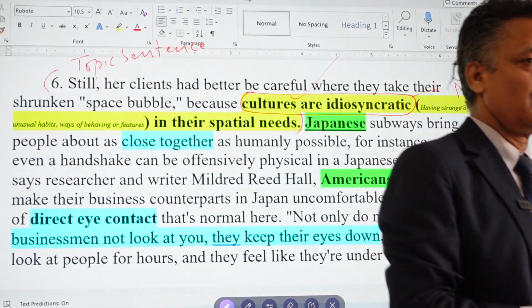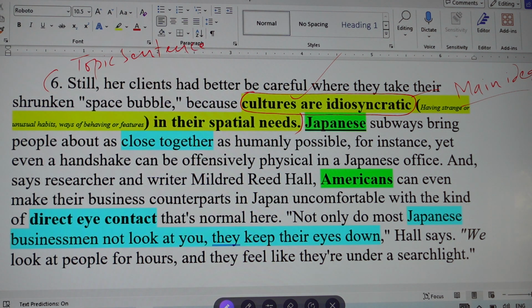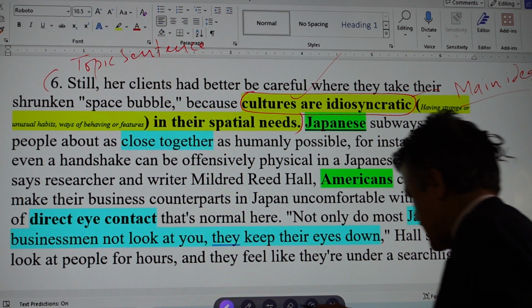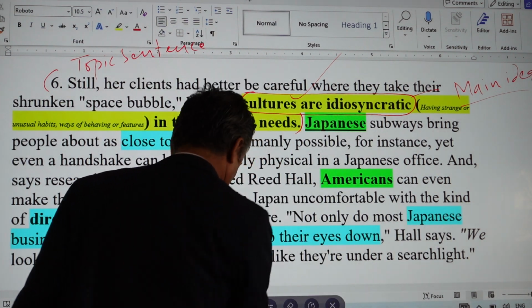Now, I said the sentence that expresses topic is called the topic sentence. The topic sentence has two things. For example, somewhere they have multicolored.